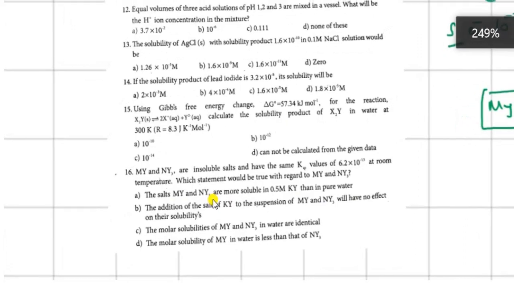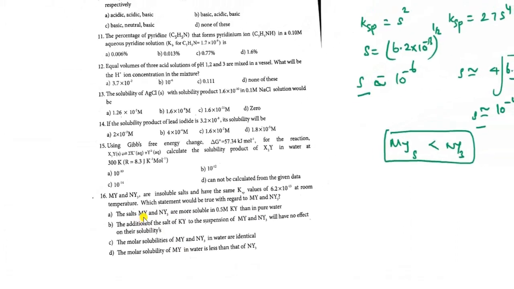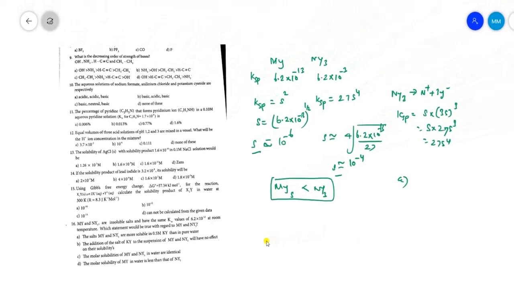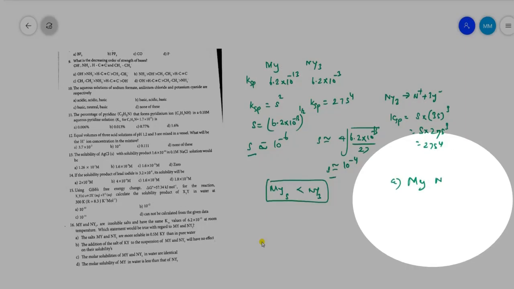In the presence of KY, KY produces the common ion, that is Y minus. So in the presence of KY, the solubility of both MY and NY3 is less.